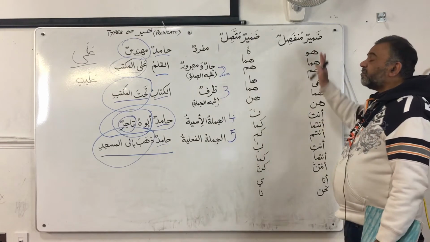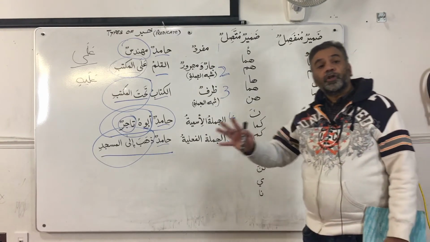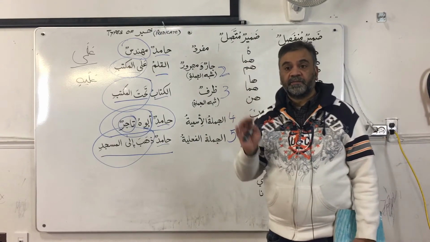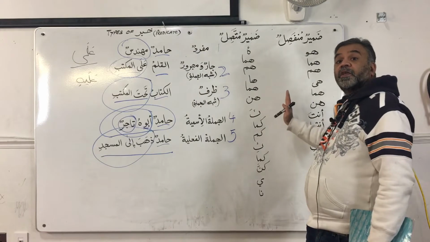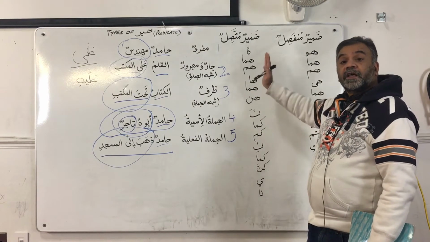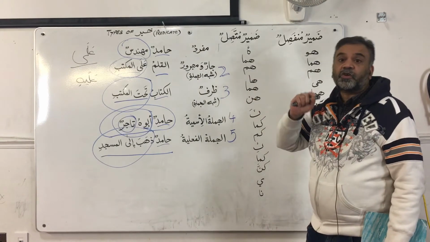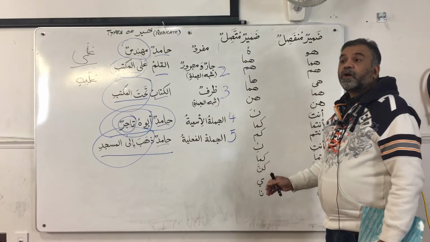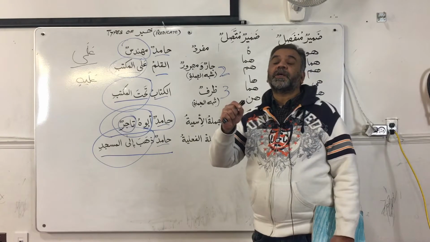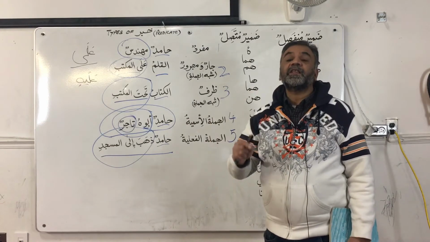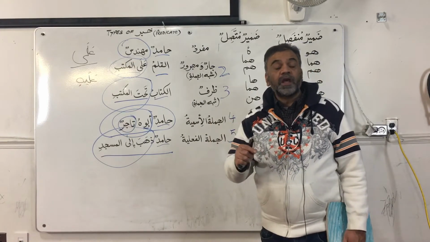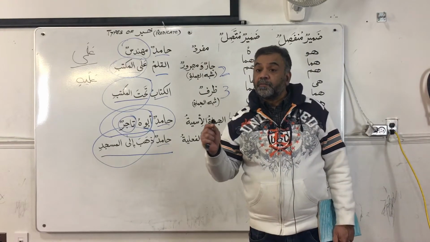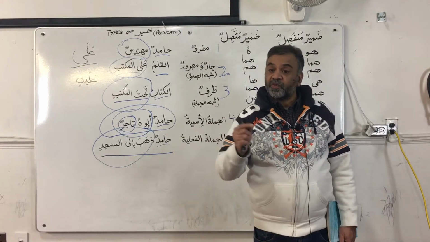These damir munfasil come on their own; they do not attach themselves to anything. Corresponding to damir munfasil, we have damirun muttasilun, attached pronouns. These pronouns have to attach themselves to something; they cannot come on their own. When they attach to a noun, the compound is mudaf mudaf alayh.